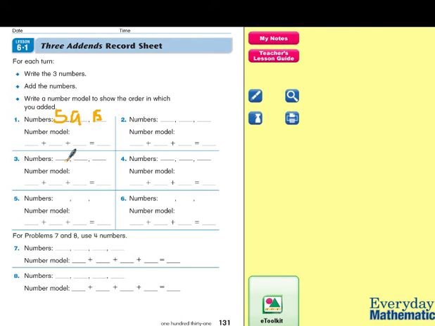So those are your 3 numbers you're going to work with. Well, if you're going to add those together, it's going to be 5 plus 9 plus 15. Then you need to solve it. Well, I'm going to do 15 plus 5 together, because 15 plus 5 gives me 20, plus 9 gives me 29.